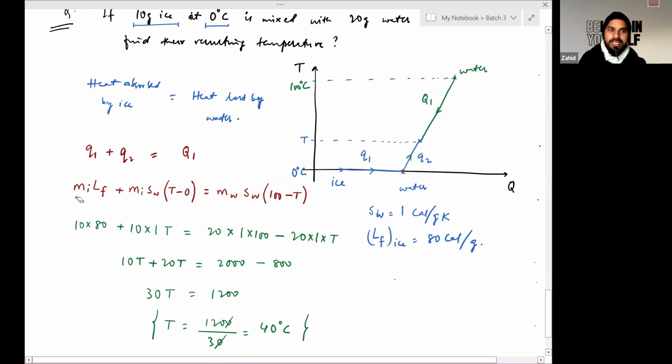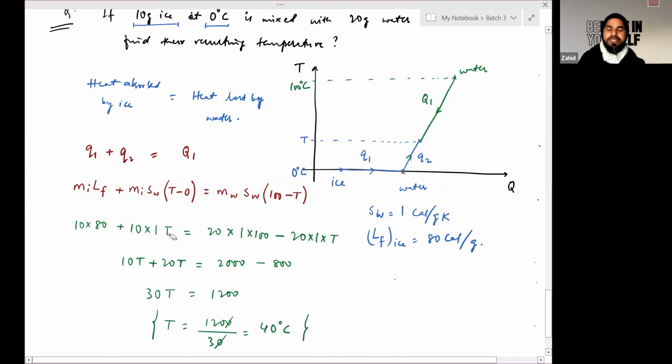Okay. Mass of ice is given in the question as 10 gram. We have latent heat of fusion of ice as 80 calorie per gram, according to this. Mass of ice, 10 gram, but now it had converted into water. So we have to calculate for this part. It will behave as water having specific heat as 1.